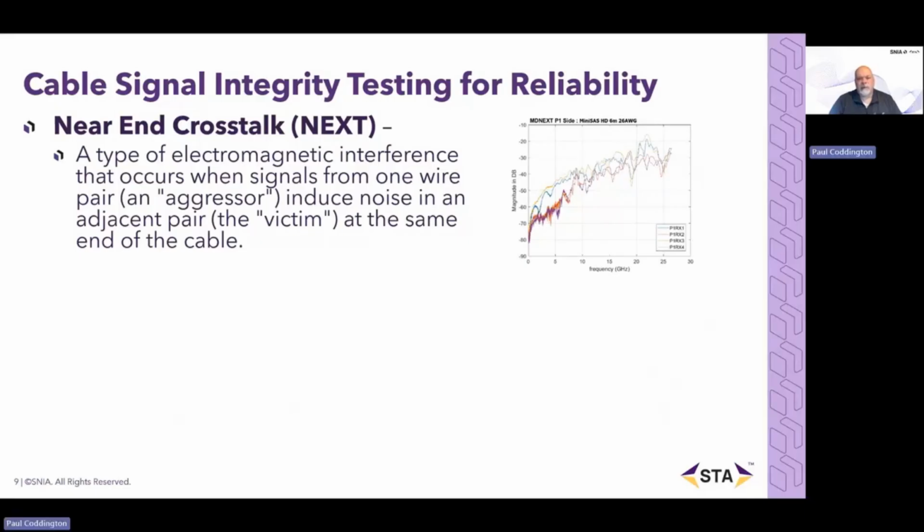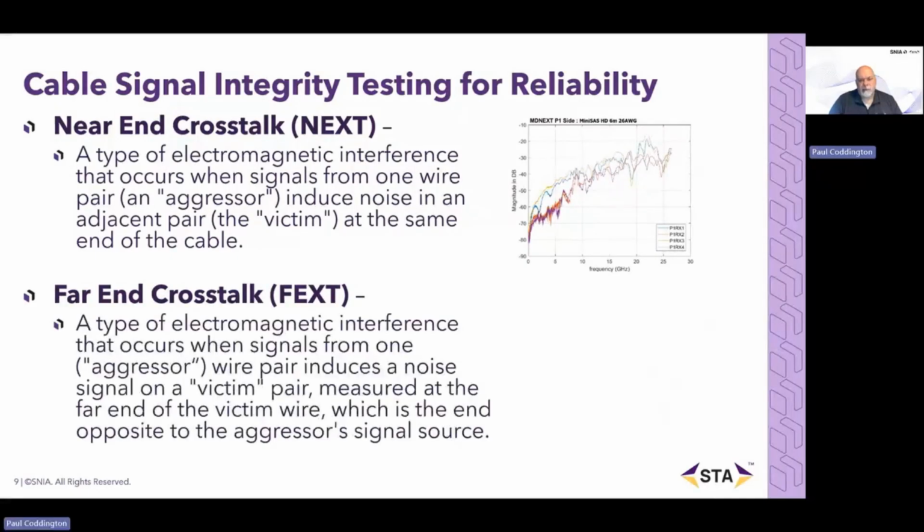The first one we're going to look at is near-end crosstalk, or NEXT, which is a type of electromagnetic interference that occurs when signal from one wire pair induces noise onto an adjacent pair at the same end of the cable. You can see a sample of what a near-end crosstalk plot might look like to the right.